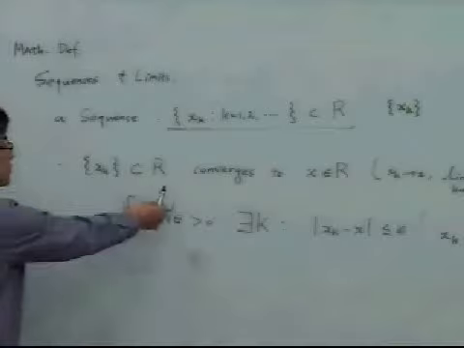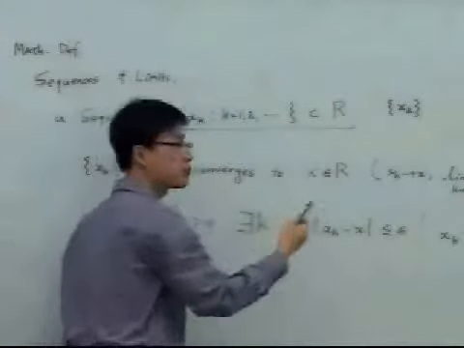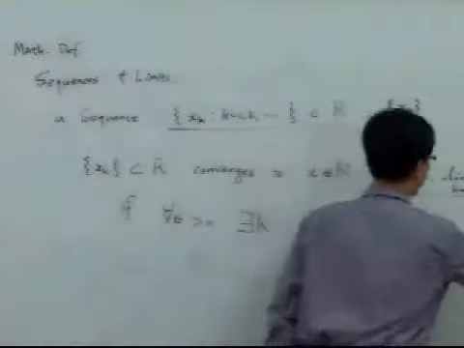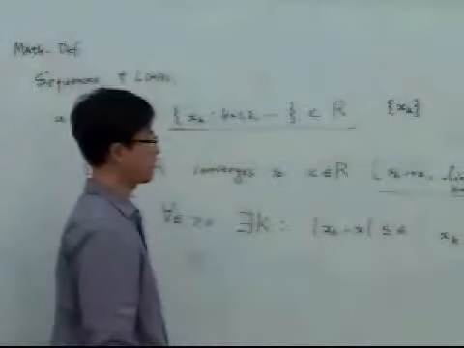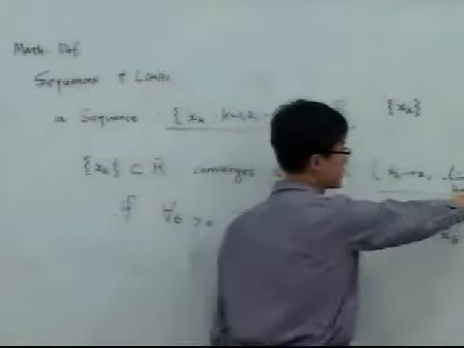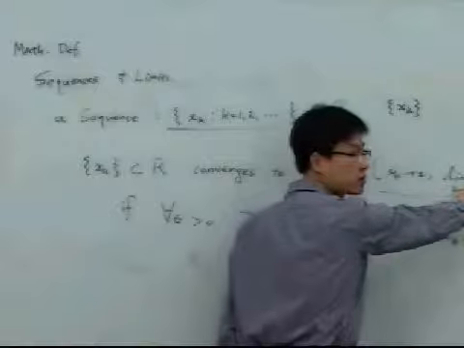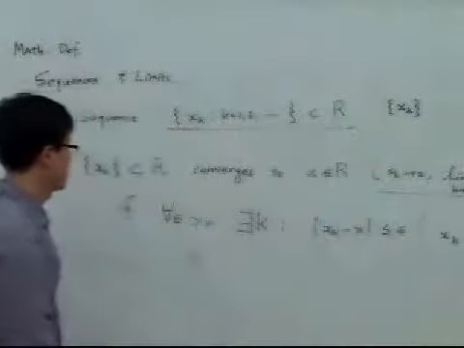If it converges to x, equivalently we write the statement like this: as k approaches infinity, the limit value of x_k is equal to x.